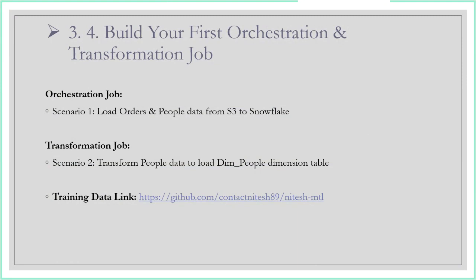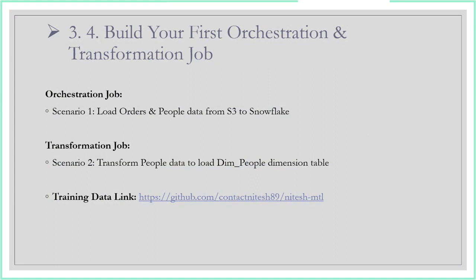So what is the use of an orchestration job? The first use is to orchestrate your flow, the way we do it in workflows in Informatica. Another is to get any of the external data, meaning the data which resides outside of Snowflake and Matillion.